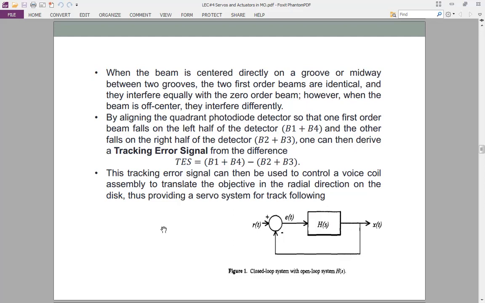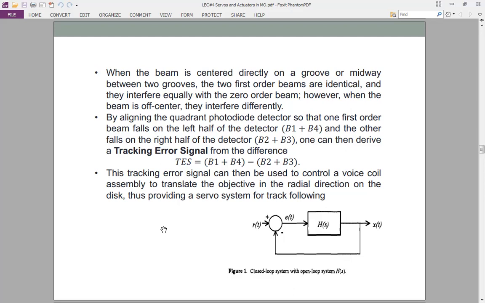By aligning the quadrant photodiode detector so that one first order beam falls on the left half of the detector, B1, B4, and the other falls on the right half, B2, B3, one can then derive a tracking error signal from the difference.